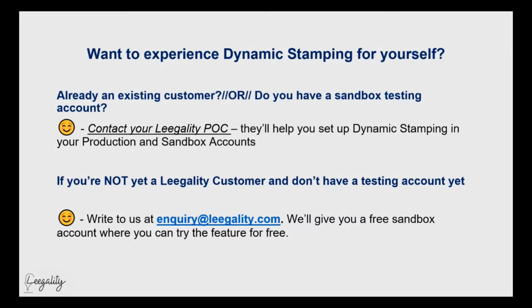You don't need to worry about going to a stamp vendor for buying stamp papers. All of that back-end work is done by us. And all you need to do is place an order on our dashboard or email, and we will take care of everything, right? So the payment is made to Legality, and there is no need to make a payment directly through the GRAS website or through a stamp vendor.